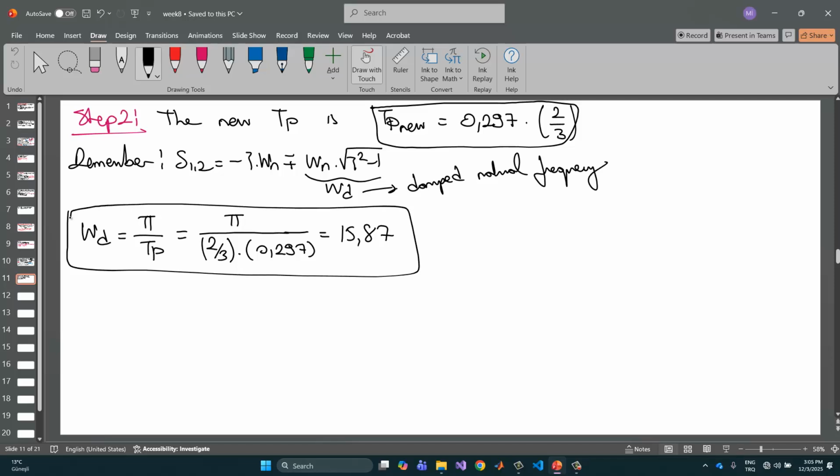See? These are the cases. And so our desired pole is at 15.78 on the imaginary axis. Right? That's all.